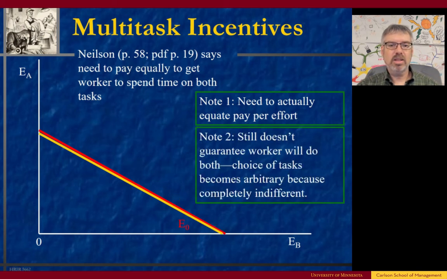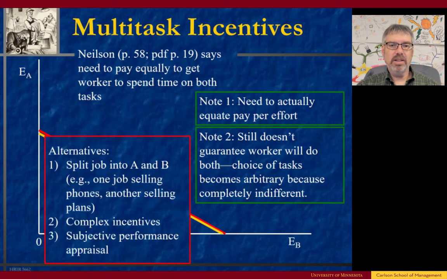And if you do that successfully, there's still no guarantee that a worker will be doing some of both. It really becomes more arbitrary. And so you need to think more carefully if it's really important for the organization to be providing incentives as well as trying to get the worker to do multiple things.